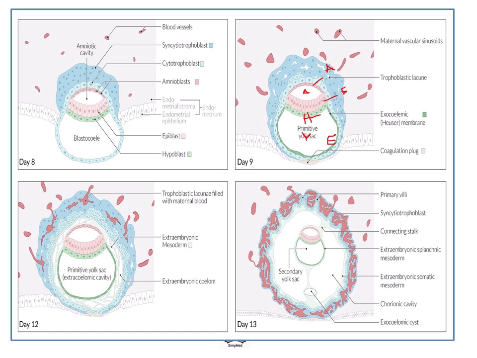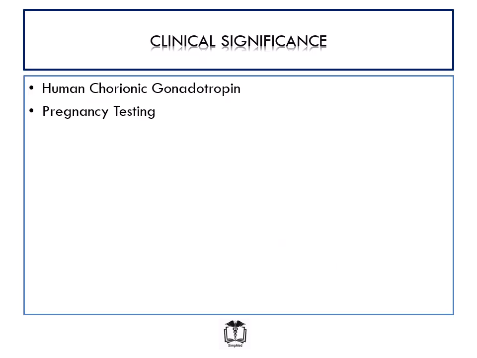The space in this last is known as the chorionic cavity. At the end of the day, we have the structure that connects them, the connecting stalk. That's the events of the second week of development.